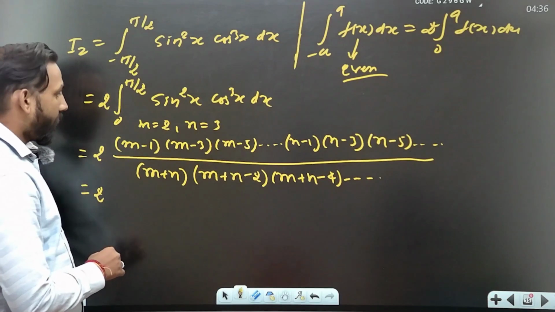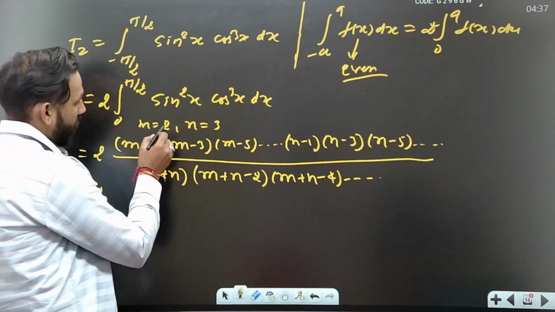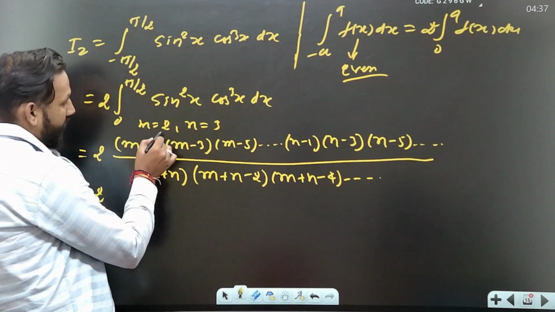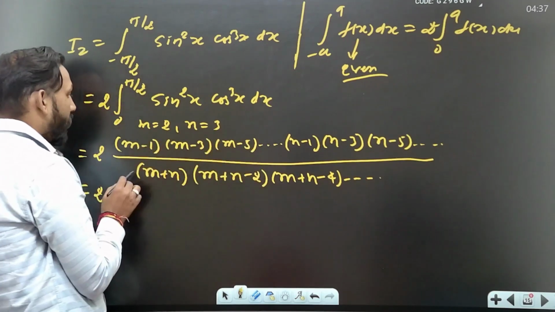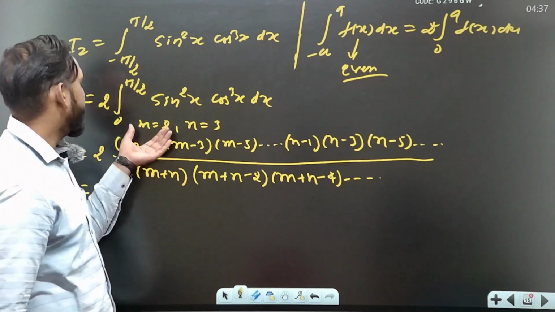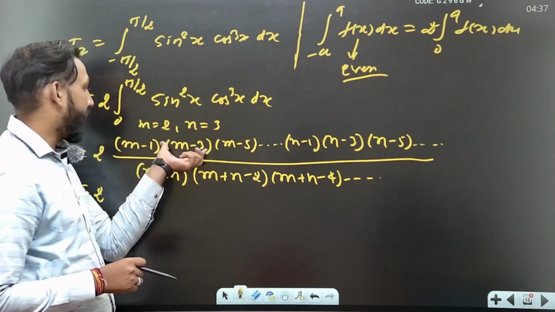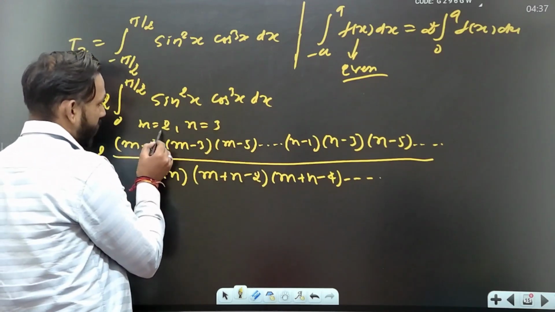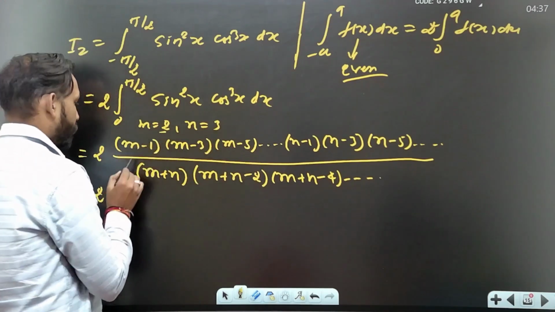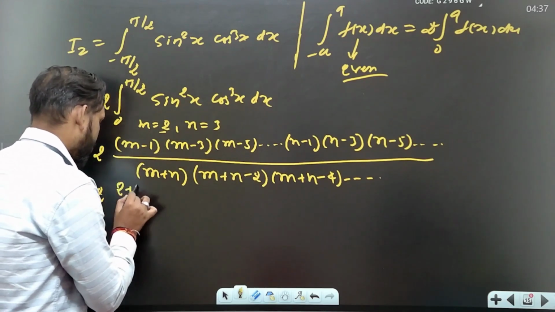Now we can put the values where, in all terms or in certain terms? We want to put here only where the bracket will be positive, right? Now we have the value of m is 2, therefore we have this bracket, 2 minus 1.